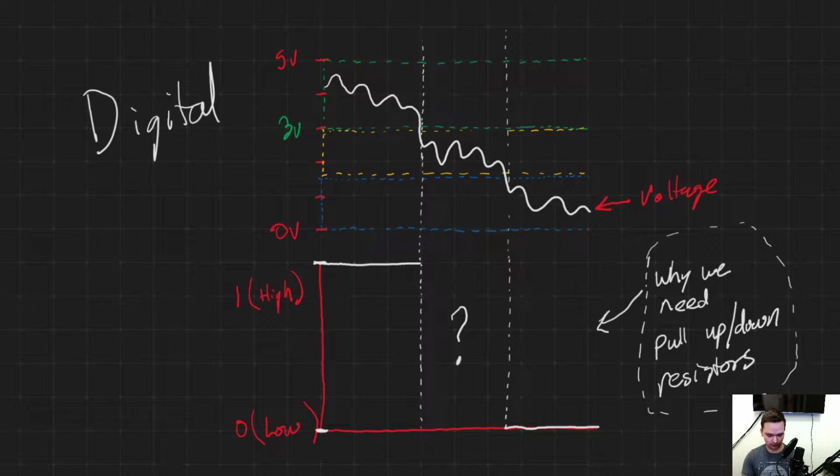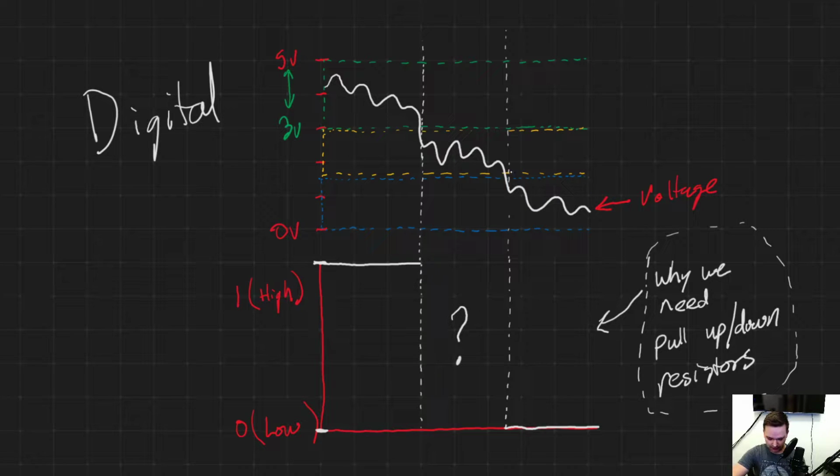So if we're tracking this on our digital input, is this going to be a high signal or a low signal? Well, as long as we're between 3 volts and 5 volts, you can see down here, it's going to say, yep, that's a high signal. We're within this range, we know it's a high signal.